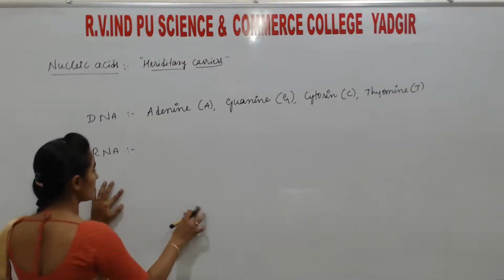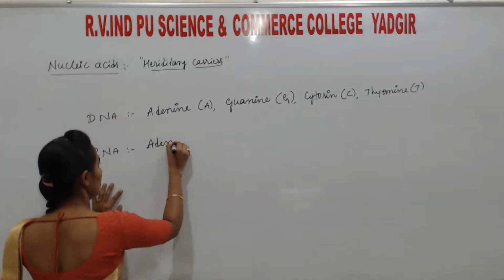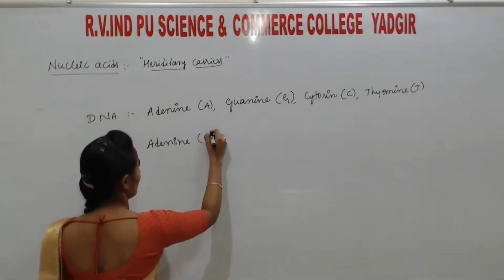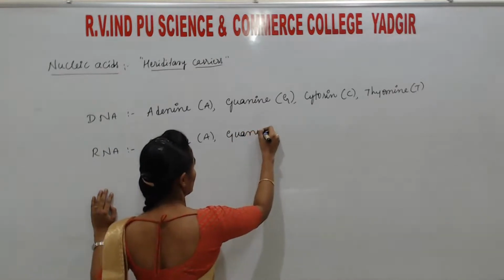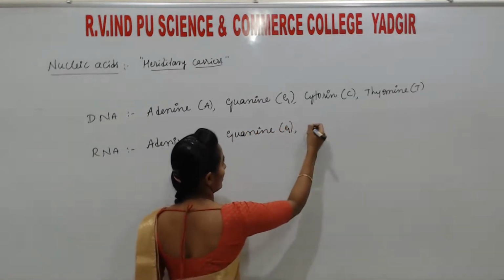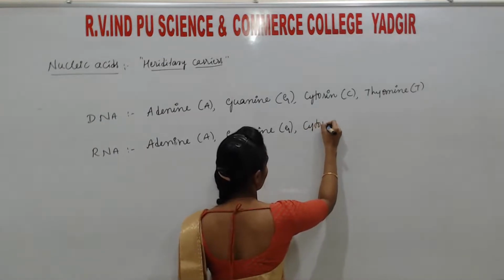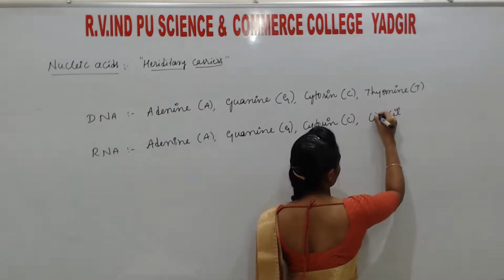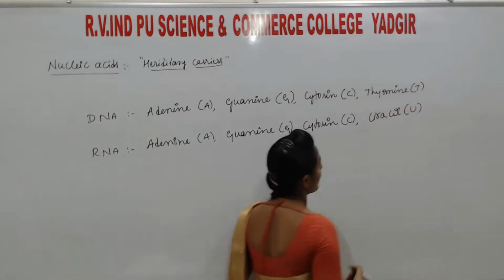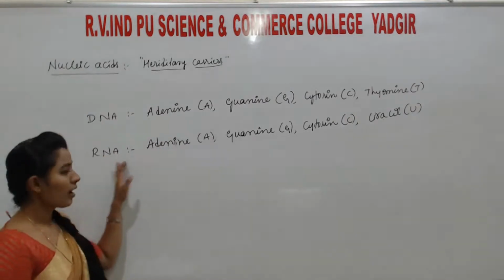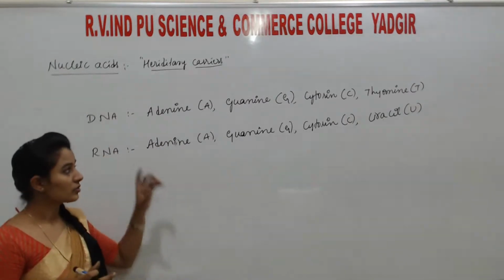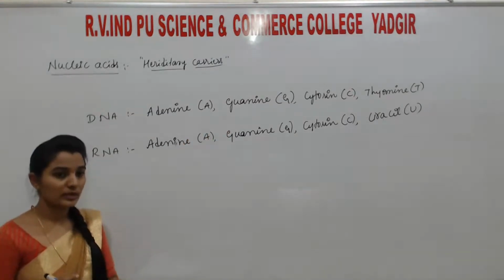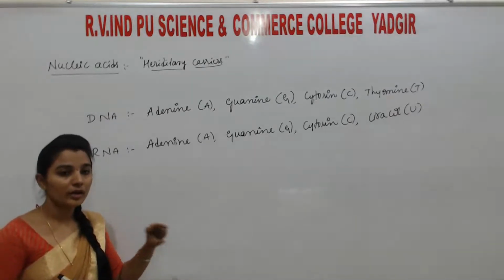So the nitrogen bases present in RNA are adenine, no doubt, of course guanine too, next cytosine. The first three are the same. The last one, instead of thymine, uracil is present in RNA. Are you getting? One mark very important question: name any one nitrogen base which is present in both RNA and DNA.